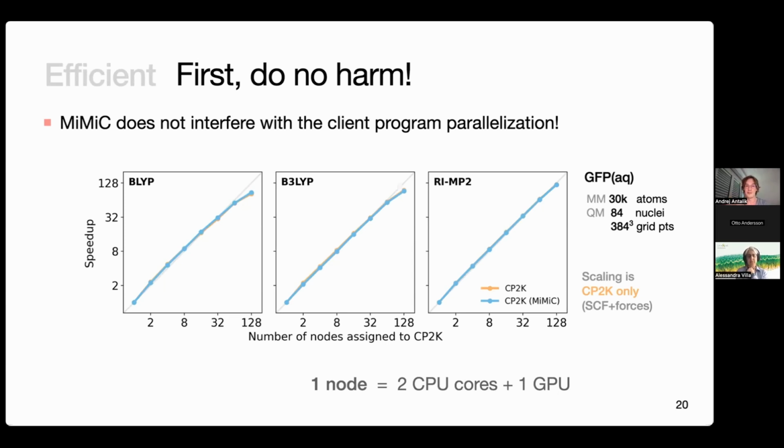For simulations performed with CP2K, and just to clarify, these are not QMMM times or anything, these are just timings and scalings for the simulation of the QM part, which is typically the most expensive part of the QMMM simulation. And you can see that the performance of CP2K is unaffected regardless of whether the simulations were performed with CP2K alone or in a QMMM setting with MiMiC.